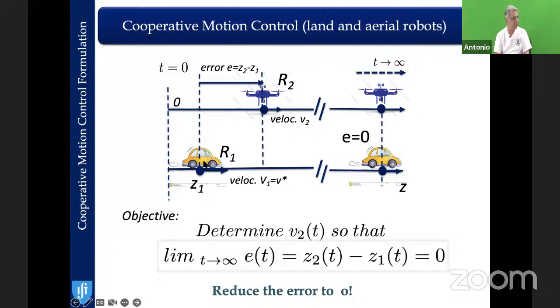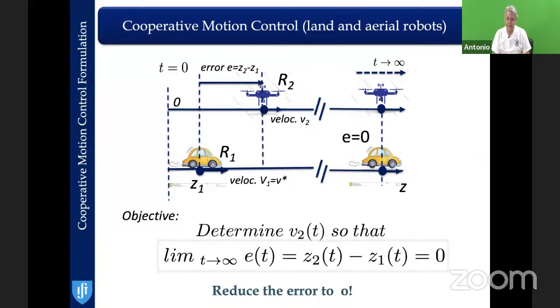And the velocity of the car is fixed. It's V1 equal to V star. It's fixed. And the quadrotor knows that. So you launch the quadrotor, and you want to derive a control law for the quadrotor, adjusting its speed V2, so that the quadrotor, when time increases, will be exactly on top of the car and follow the car at the velocity V star. Okay?